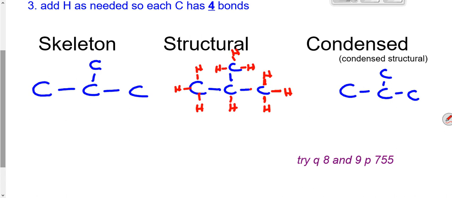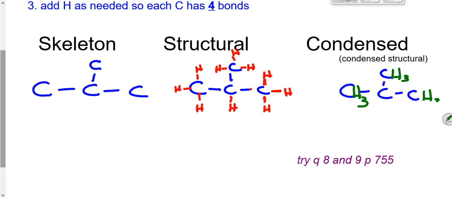Drawing structural diagrams takes up a lot of space on your page, which is why we also draw condensed. Condensed or condensed structural are ways of drawing the same molecule but without taking up so much space. In a condensed structure, we merely say how many of each hydrogens there are. This first carbon has 3 hydrogens, as does the top one and the end one.